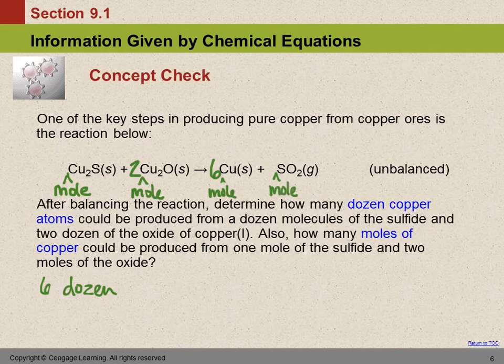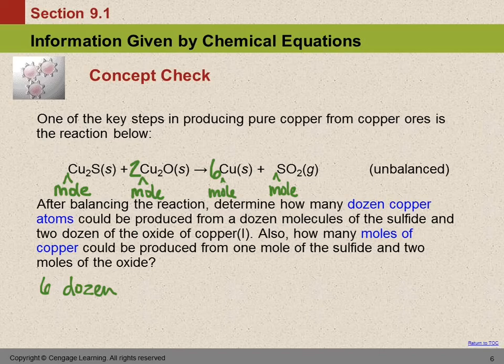We use mole just like we use the unit dozen. So 1 mole of this reacts with 2 moles of that to make how many moles of copper? 6 moles. Okay?